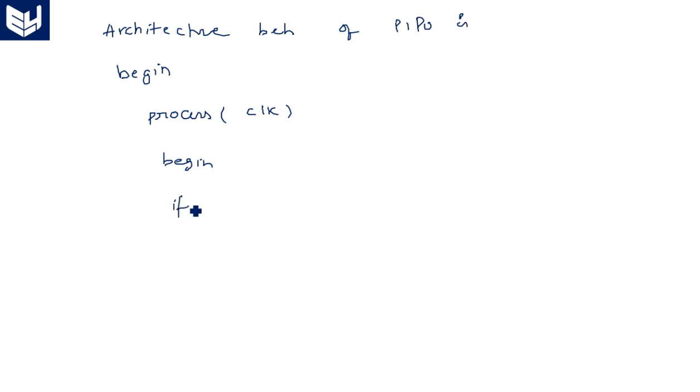If reset is equal to 1, then all outputs of the flip-flops should be cleared. So D out is equal to all zeros. That is, if reset is equal to 1, D out is equal to this.